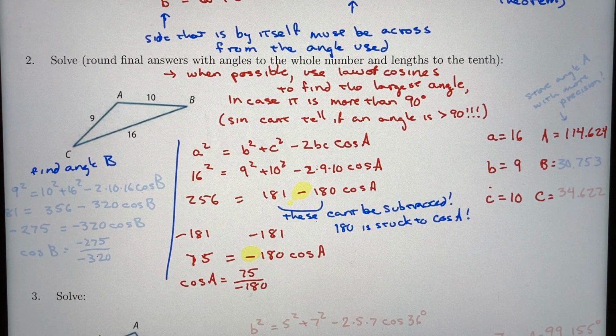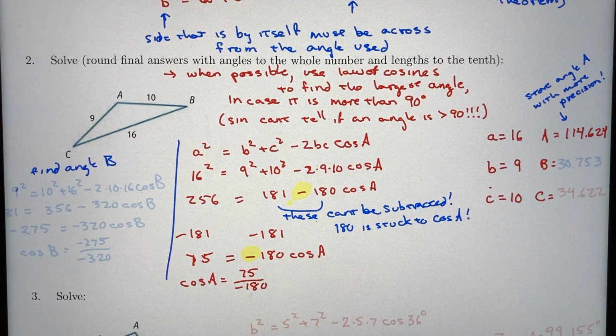I'll want to store angle A if I use the law of sines. Remember that the point of storing is not to just round it off and then store that rounded off number. You really want to store the non-rounded version.